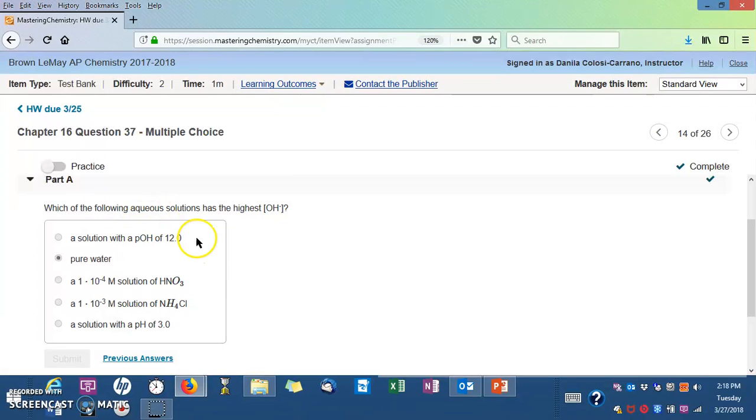And if you have a pOH of 12, it doesn't mean pH of 12. The pOH of 12 means a pH of 2. So pure water is the only one that has a pH of 7, which means the 10 to the negative 7, which means it has the highest amount of OHs instead, which is opposite to the pH.